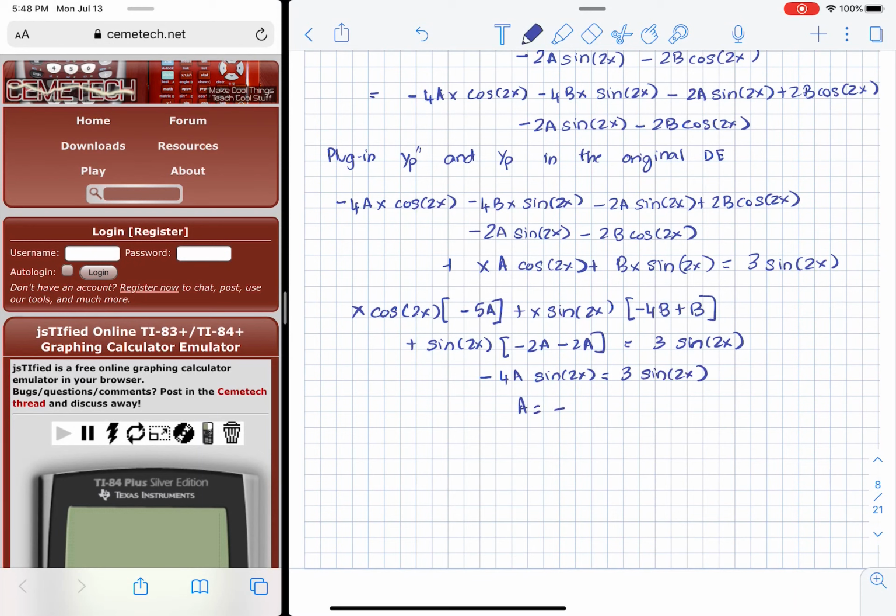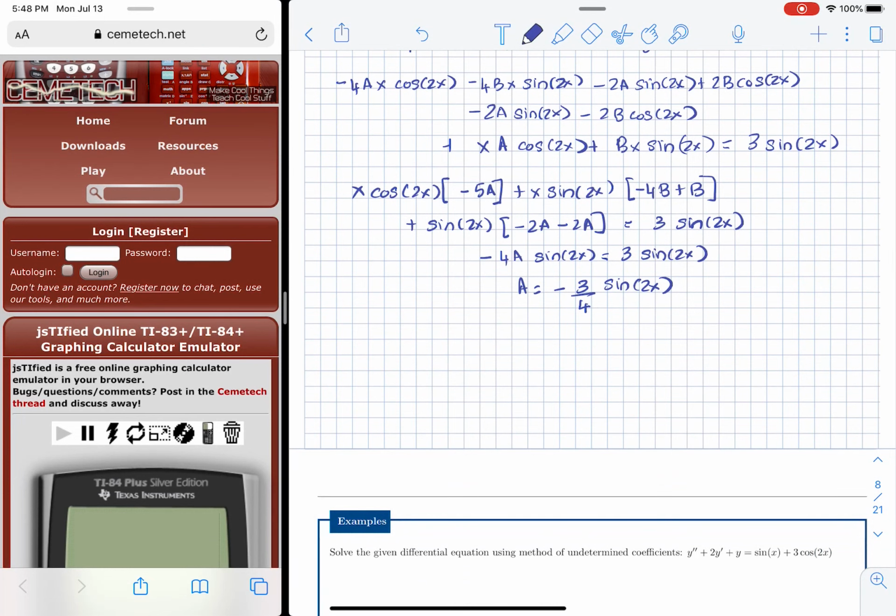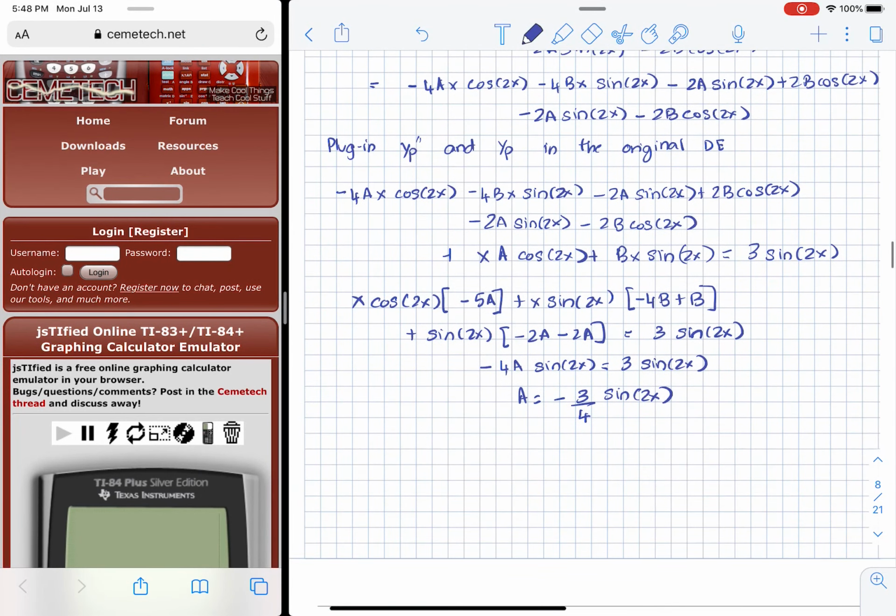So a would be negative 3 over 4. And obviously b has to be 0, because we don't see any x cosine 2x terms or x sine 2x terms, so they'd all be 0.